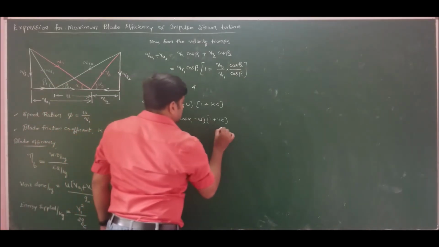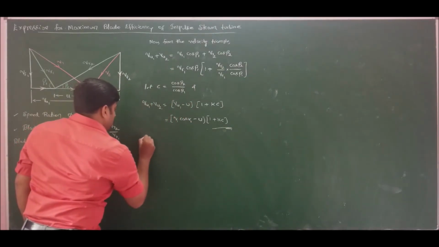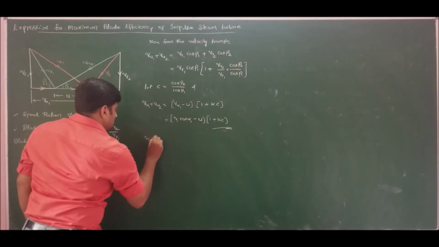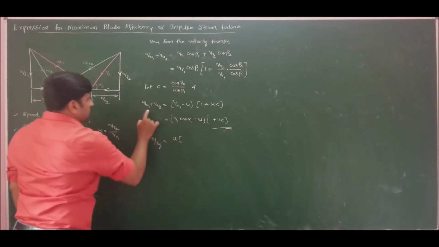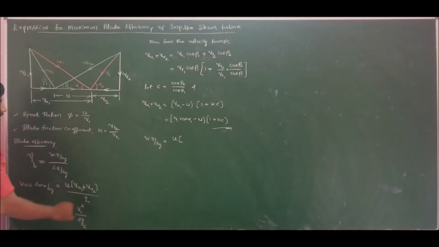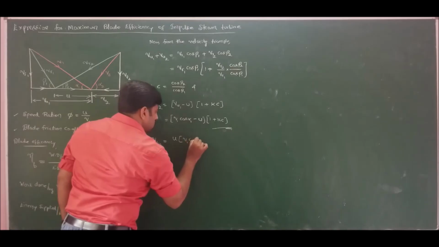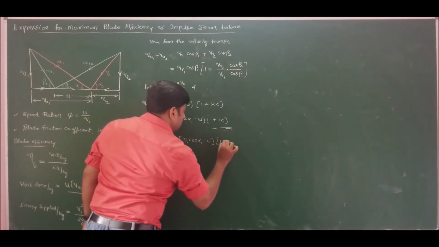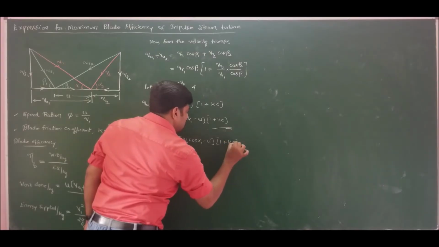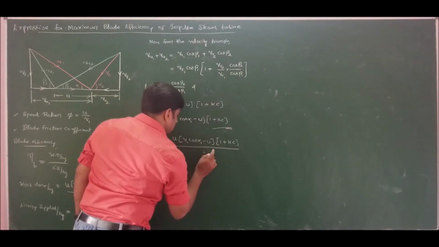So therefore work done per kg will become U of VU1 plus VU2, which can be written as V1 cos alpha 1 minus U, whole multiplied by 1 plus K into constant C, divided by GC.